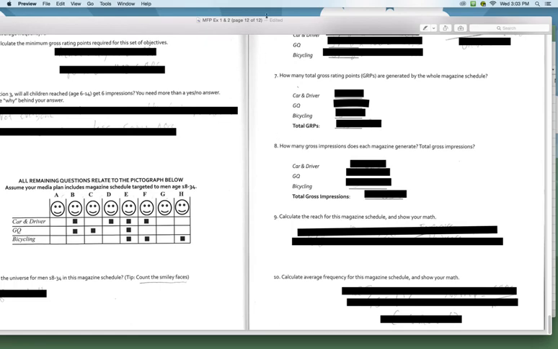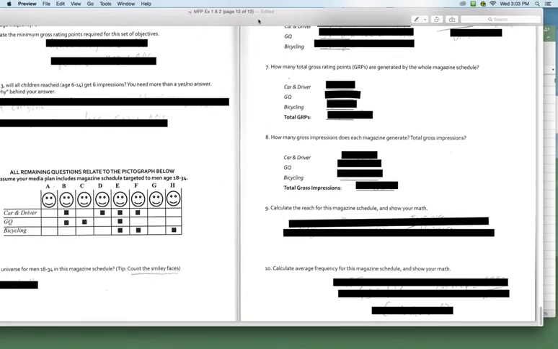The last one, question 10, is looking at average frequency for this magazine schedule. And so we have to plug in a couple of things that we know. If you looked at, I believe, page 77, we know that average frequency is GRPs over reach.